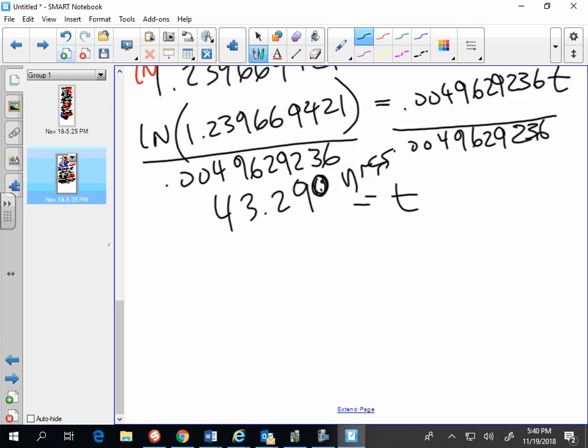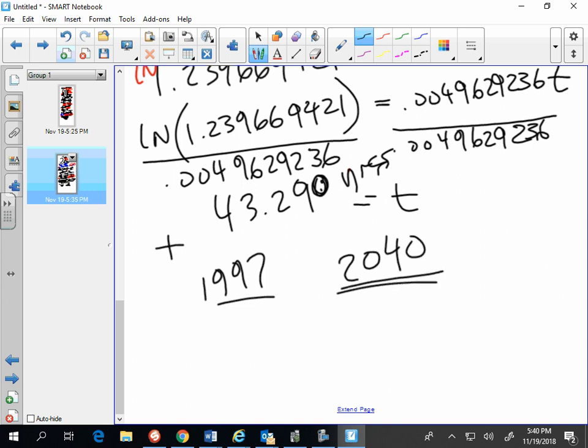And remember, this is years since, when was Kyoto? Kyoto was 1997. So if I add this to that, plus 1997, I'm at 2040. On our current trend, we have only until 2040. This is 2018. You've got 22 years.